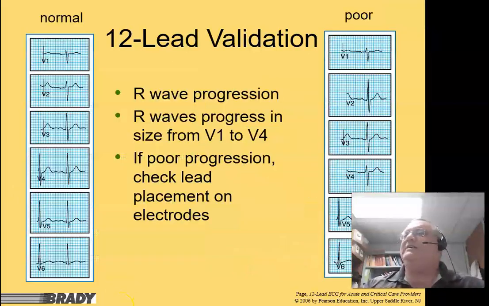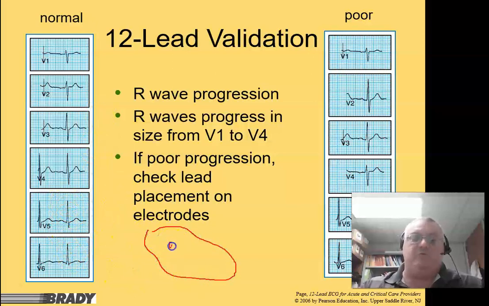Now, for your precordial leads, we use something called progression, and this is how we should see a progression happen. Notice how V1 is really low, V2 a little bit bigger, V3 a lot bigger, V4 really bigger, V5 getting bigger just a smidge. But look at it, guys, if you think about where the muscle is, V1 and V2 are up here, V4, V5, V6, and V3, of course, is in between.